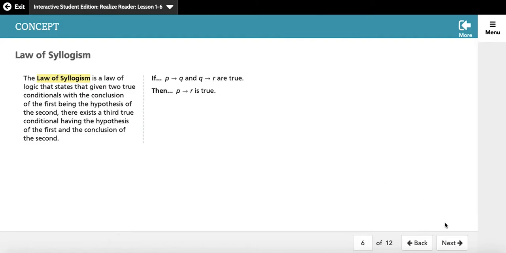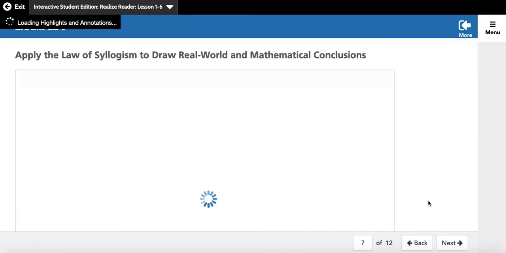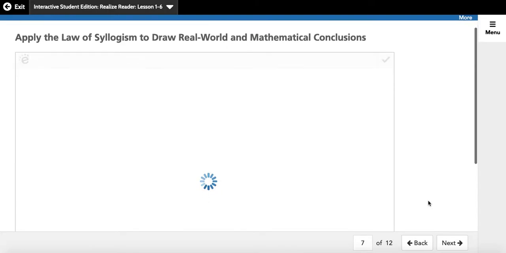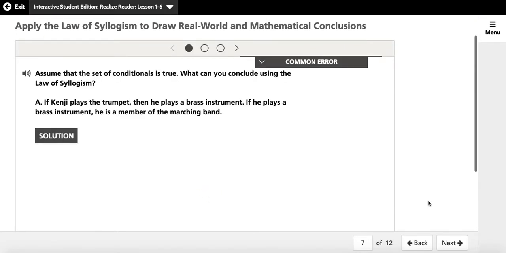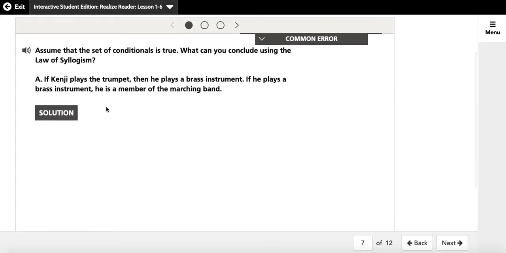Okay, let's apply it. If Kenji plays the trumpet, then he plays a brass instrument. If he plays a brass instrument, he is a member of the marching band.